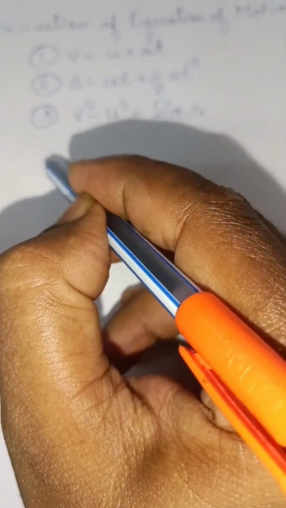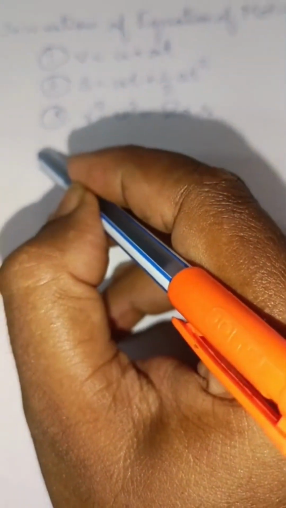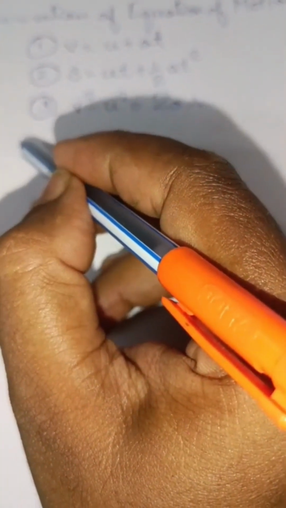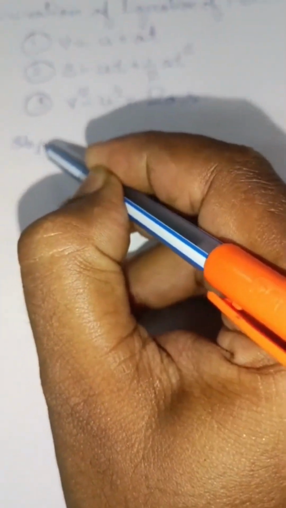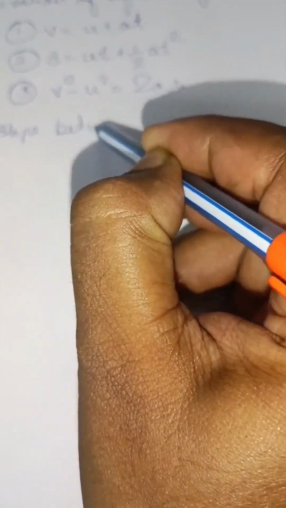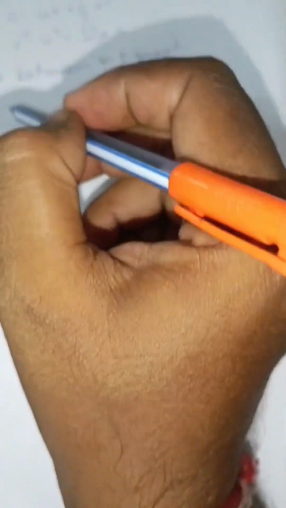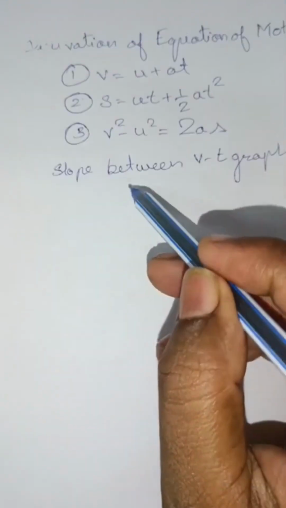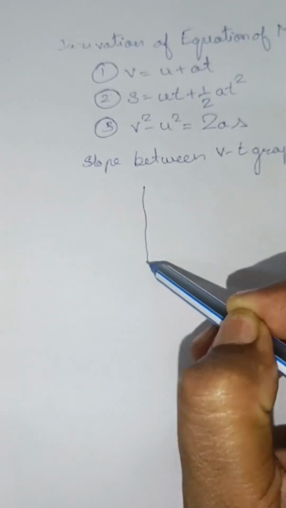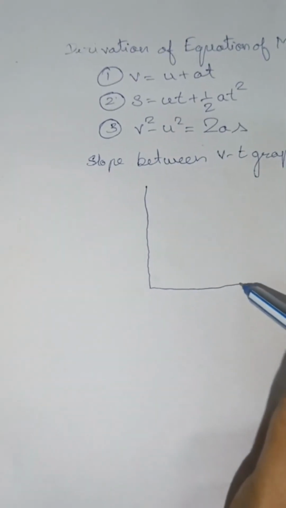So let us draw a graph, the velocity time graph, and consider its slope. How can we draw this diagram? We are going to draw a straight line graph.